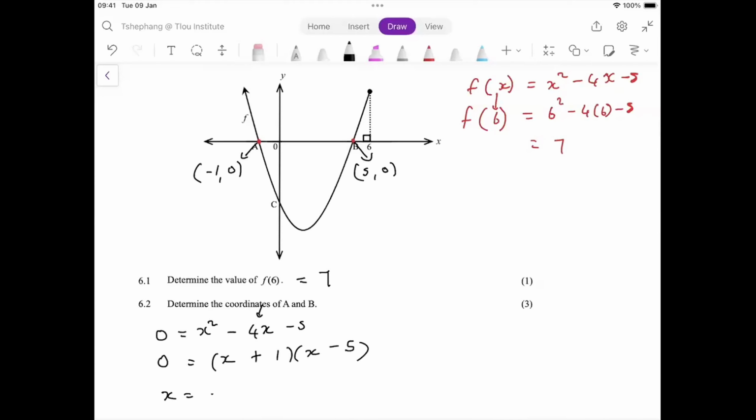So x is equal to -1 or x is equal to +5. Now, A is going to assume the negative value because it is on the left-hand side of the y-axis. And then B is going to assume the positive value. That's quite easy. You cannot afford to get that question wrong.